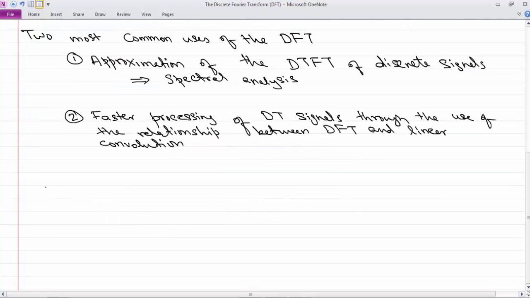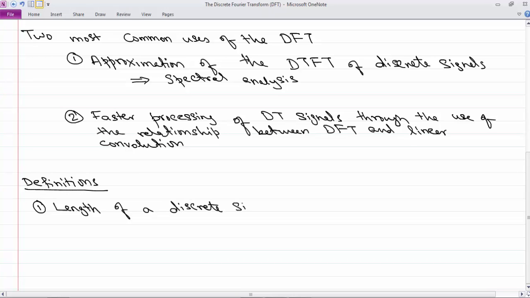So let's try to nail down some of the definitions or terms that we have talked about, so that we all understand their meaning in the same way. The first thing is, what do we mean by finite length signals, which I wrote earlier? What do we mean by the length of a discrete signal, say x[n]?